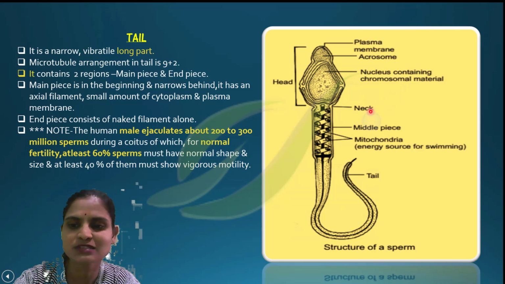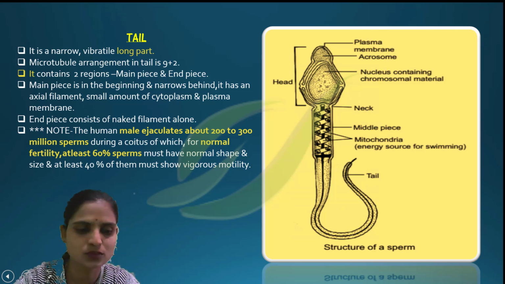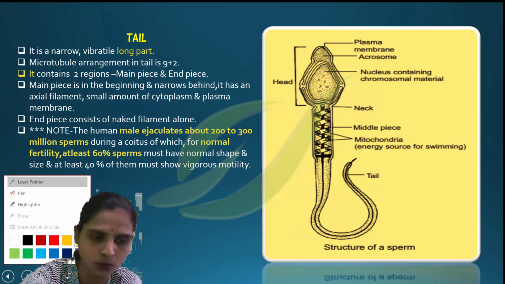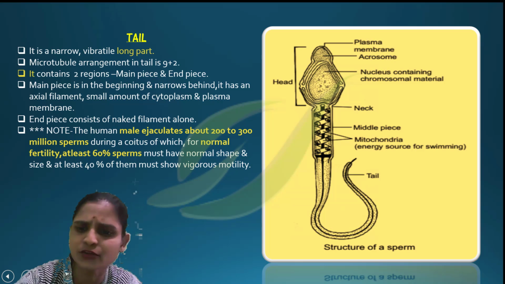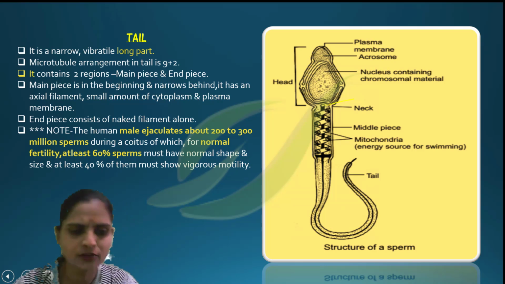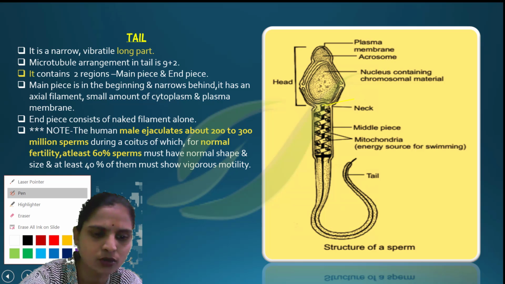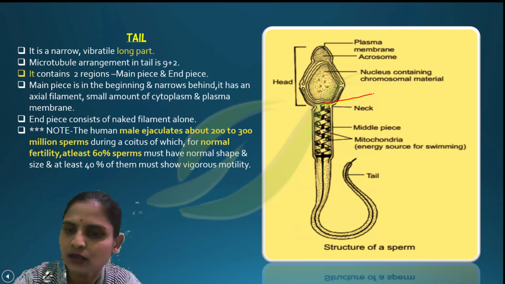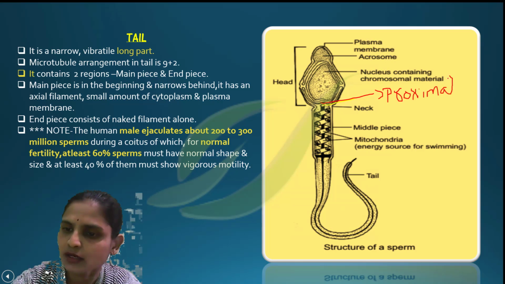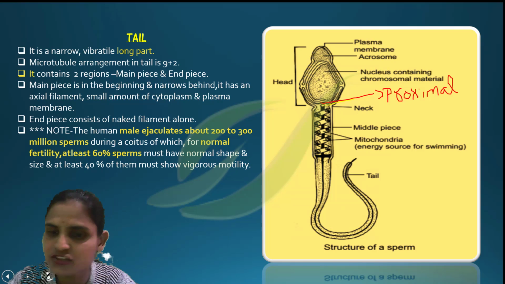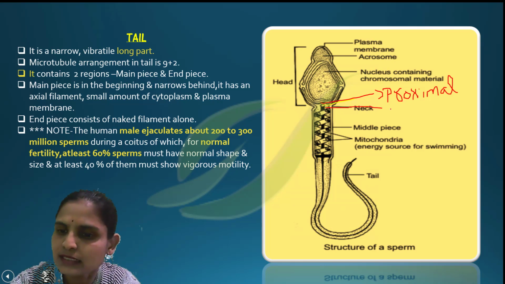Then a neck is present. The neck consists of two centrioles, the proximal centriole as well as the distal centriole. The proximal centriole helps in the first zygotic division, and below that there is the distal centriole.